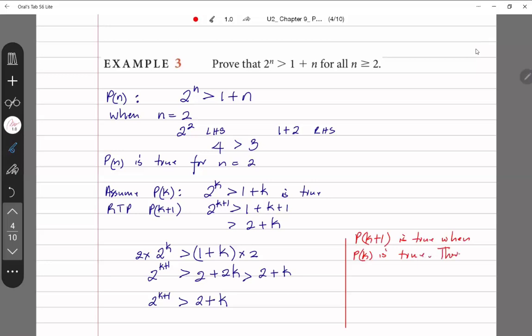Therefore, Pn, which is the statement 2 to the n is greater than 1 plus n, is true for all n greater than or equal to 2 and is an element of the set of natural numbers.